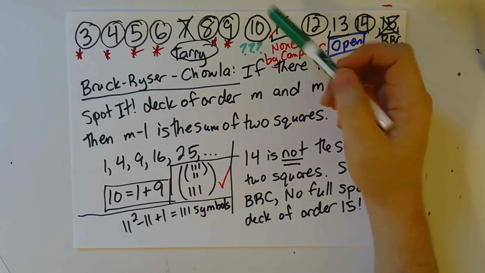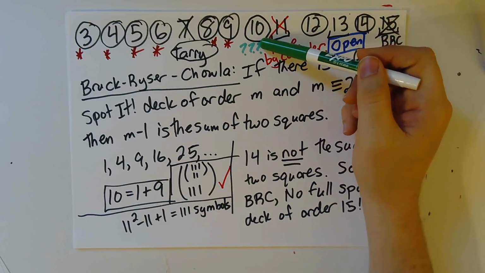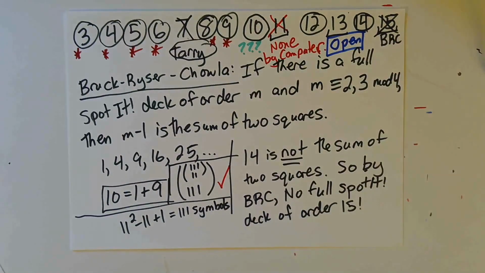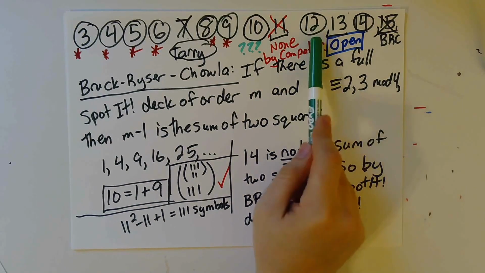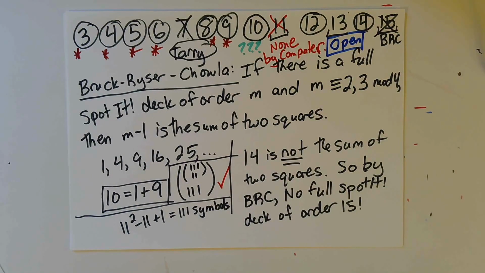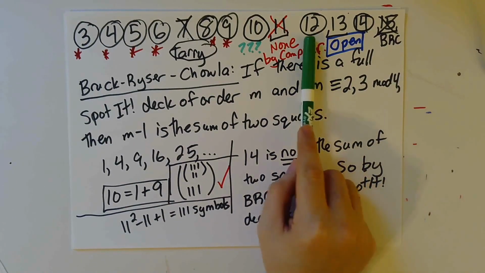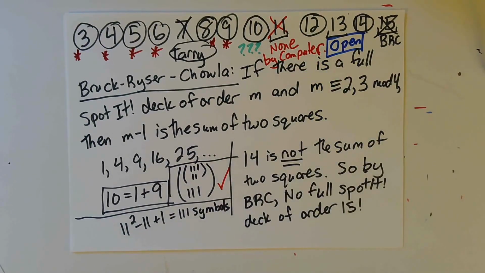So there are 4 different ways, legitimately different in whatever sense you want, of making spotted decks of order 10. For order 12, we know the one way, the Desarguesian way, using the field with 11 elements. We don't know any others, but we don't know that there aren't any others. And then once we get to 13, we just don't know anything anymore.